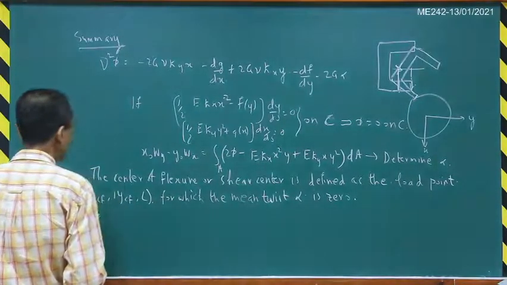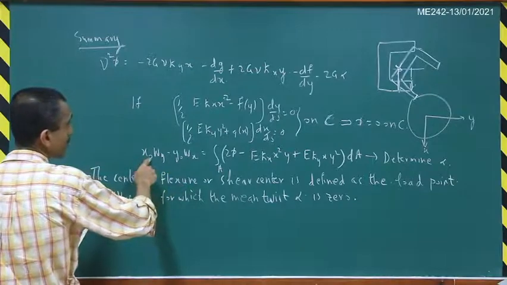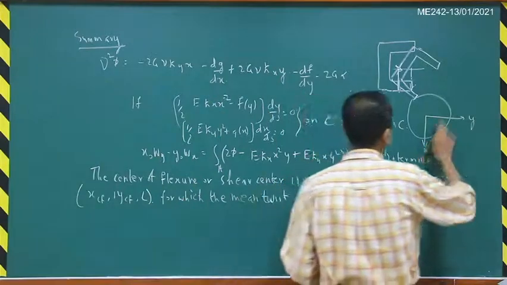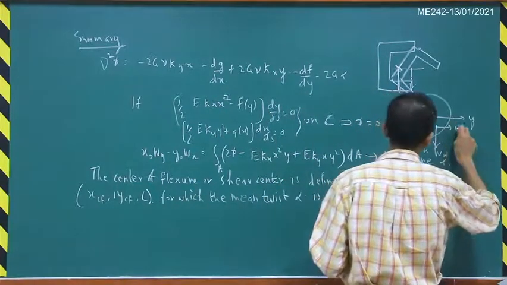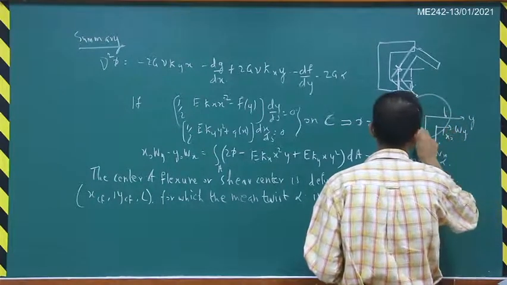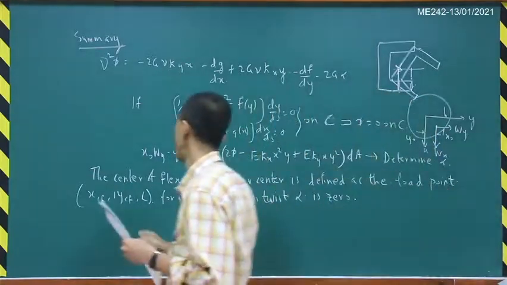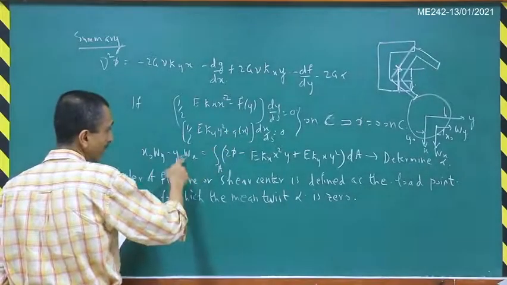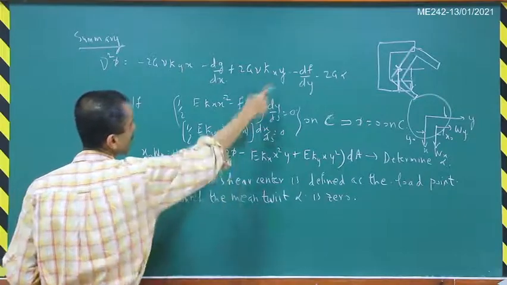So what we do is that in this particular expression, x0 y0 is the point of application of the load. Remember that. We have this wx and wy, and this distance was x0, and this distance was y0. Now the resultant load will pass through the shear center, and phi is determined such that alpha is equal to 0.